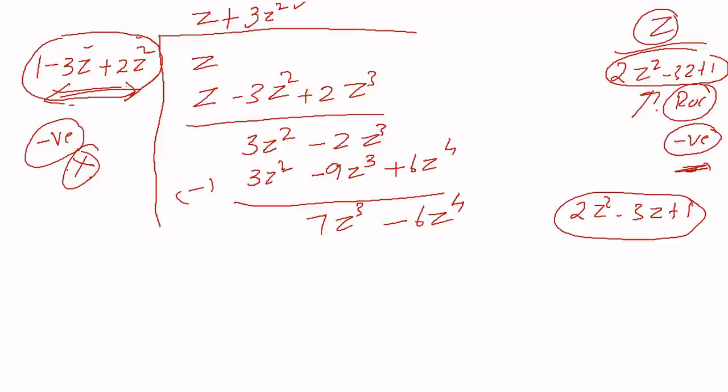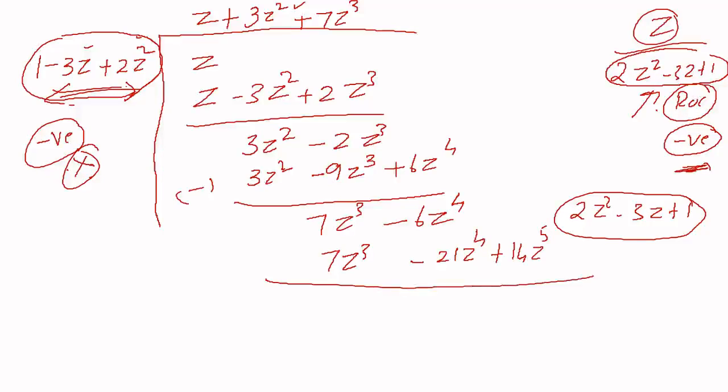What about this one? 7z cube. So 7z cube minus 21z power 4 plus 14z power 5. I hope you understand this one. Again, this is subtraction. So what I will be getting is 15z power 4, and it goes on. So the next term will be 15z power 4 plus so on.